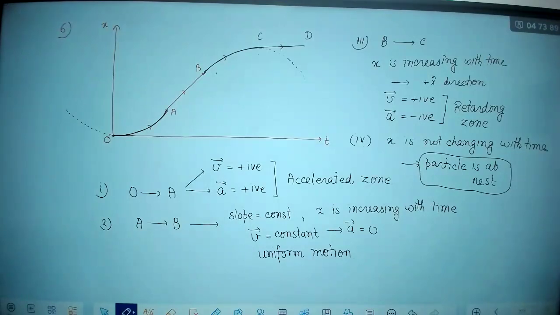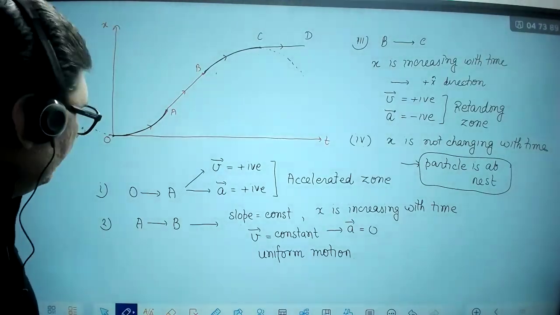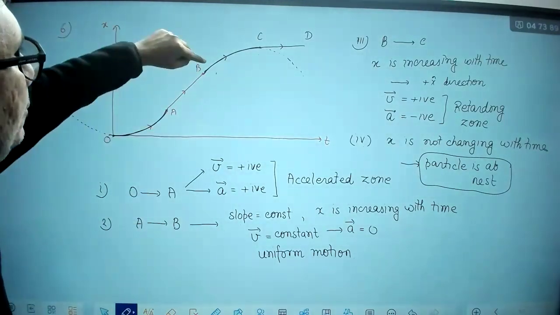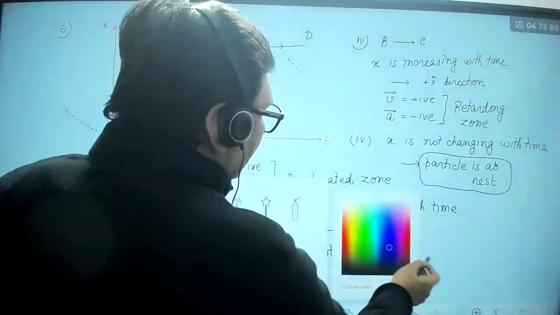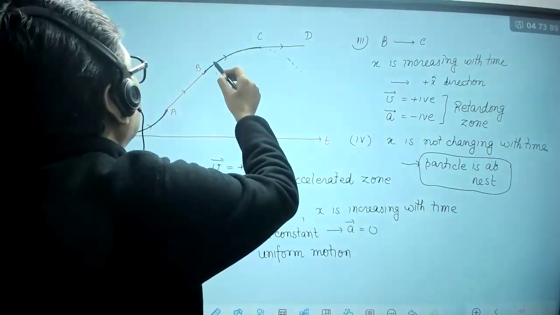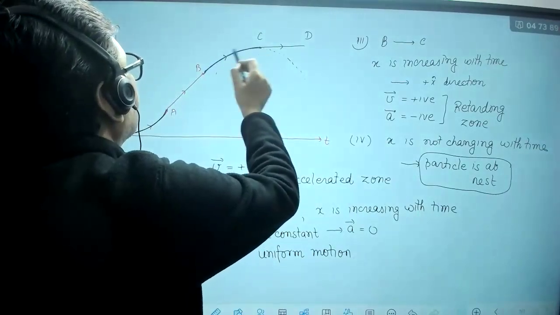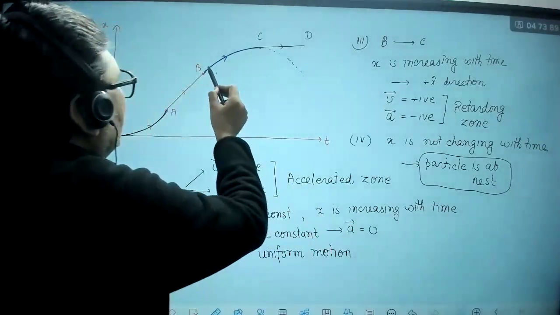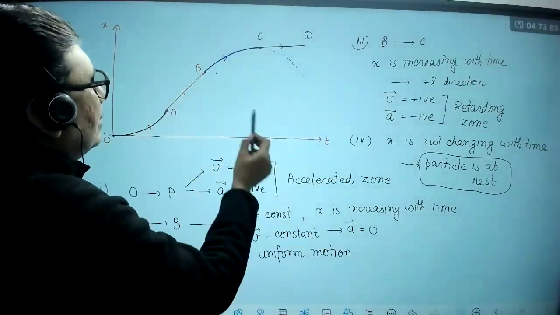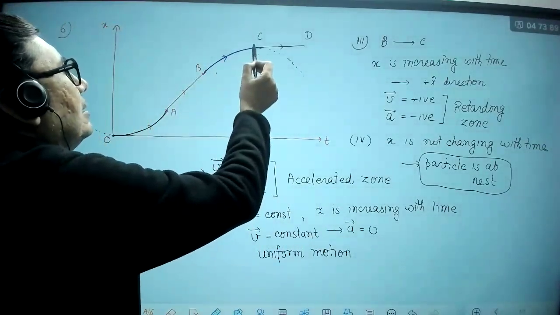Sir, yes, beta, please. I can't understand B to C. Okay, B to C, this one. First look at this graph, beta. What is happening to X? X is increasing with time. Try to understand, time is increasing in this direction and X is increasing like this.